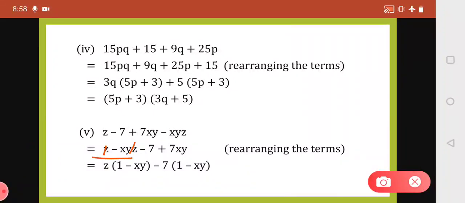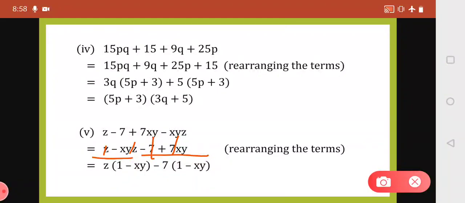This is the first group. And for the second group, when we take out 7 common, we will be left with 1. Again, as I have stated, if minus sign is there ahead, the next sign will change, plus will become minus. So here 1 will be left, plus will become minus, and here xy will be left. So we will be getting z into 1 minus xy minus 7 into 1 minus xy.